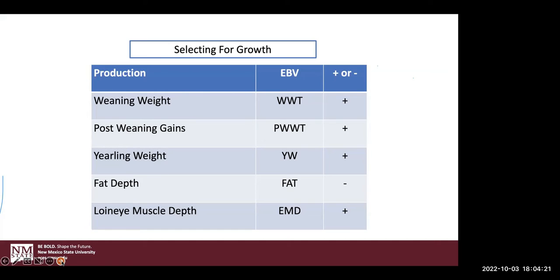And so, of course, you want higher values there. Fat depth and loin eye muscle, these are your carcass traits. And so, again, the loin eye muscle will also be an indication of growth just because they're going to have a lot of muscle, and muscle is heavier than fat. And you're looking for lean, so you're wanting a more negative number on your fat depth. Next slide.